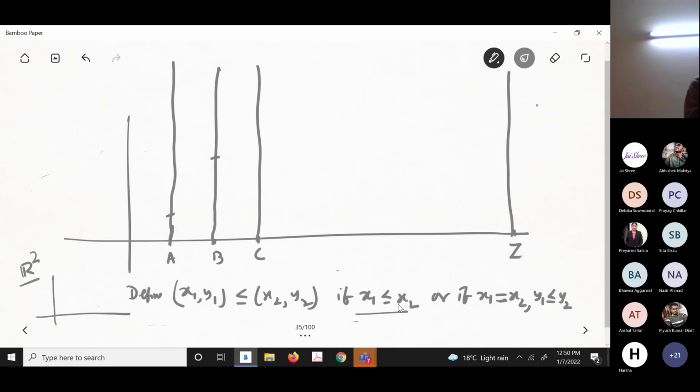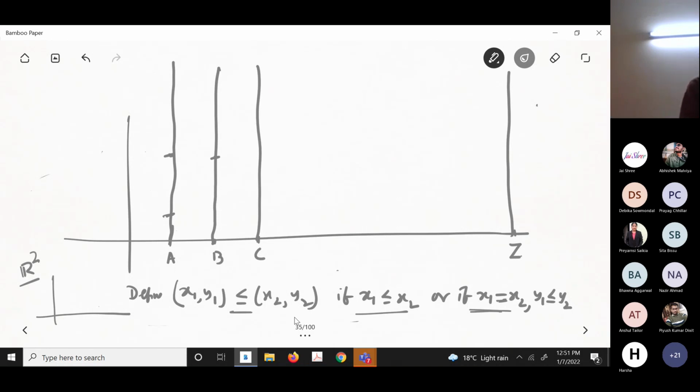That means if it is below, like all these columns I am doing, that means the column is before, then your element is less than. And if you are in the same column, then you look at this thing. Look here, in the same column, but y2 is bigger than this. This is exactly the idea of the dictionary. And in R square I can give this. This is not the usual order.